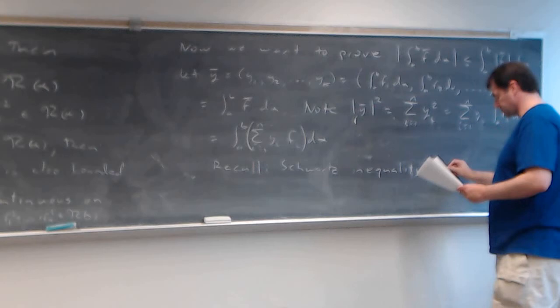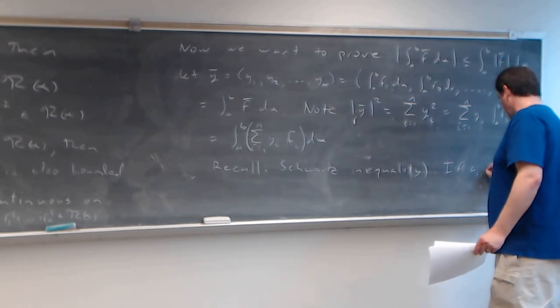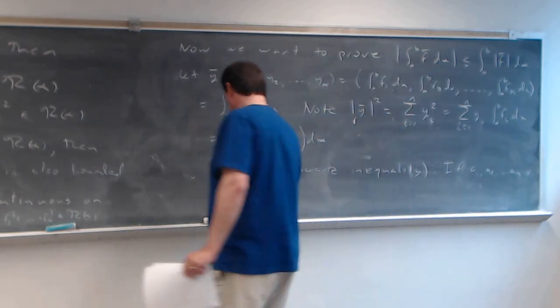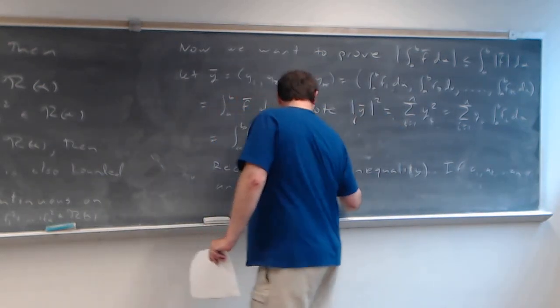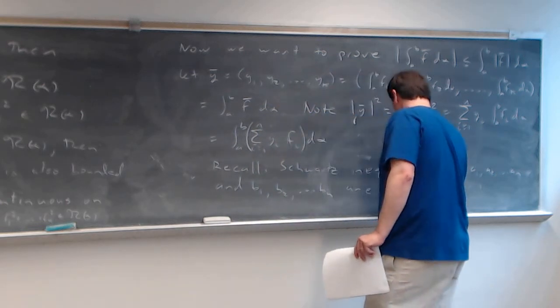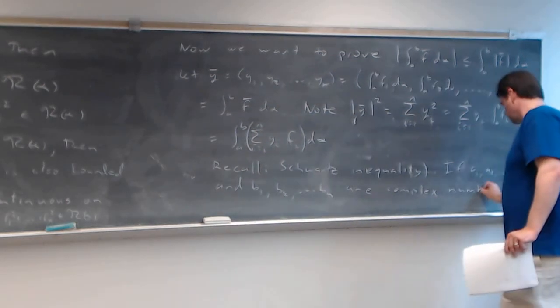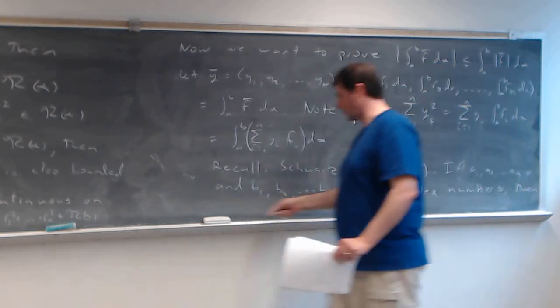If A1, A2, all the way up to An, and B1, B2, all the way up to Bn are complex numbers, then we have the following inequality.